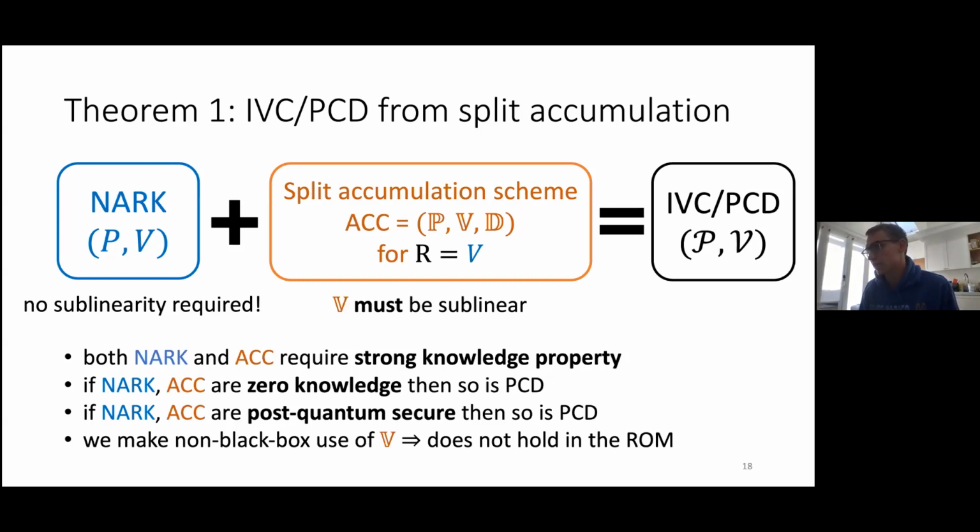I mean, I think in general, we also have in this paper a split accumulation scheme for a polynomial commitment scheme that just needs additive homomorphism, and there was a very similar result in a paper called Halo Infinite, and they show that it even suffices if your polynomial commitment scheme is not linear, so it doesn't have additive homomorphism, but there's this, what do they call it, a homomorphism check protocol.